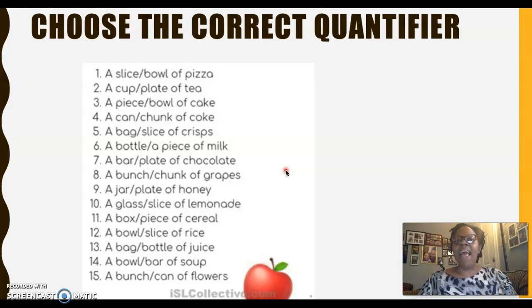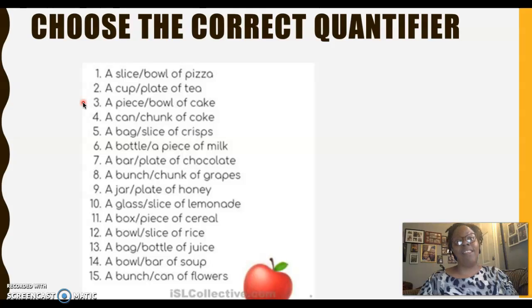Here we have another opportunity for you to pause the video and choose the correct option. 1. A slice of pizza. 2. A cup of tea. 3. A piece of cake.